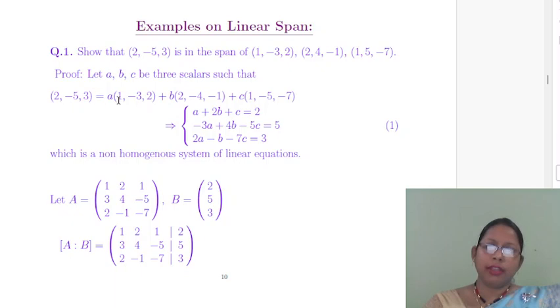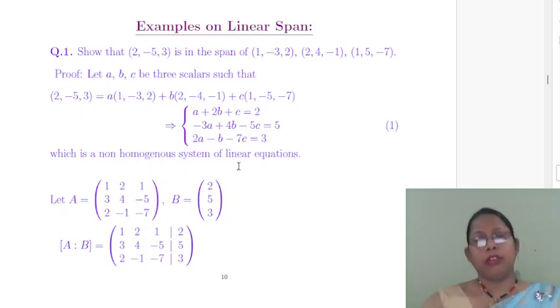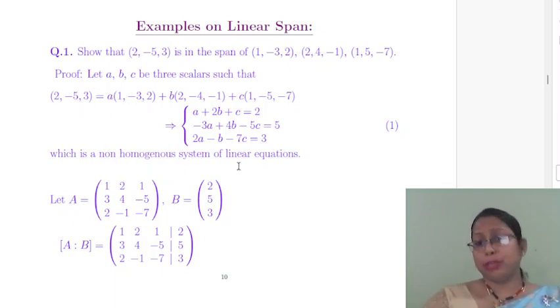Then add this pairwise, then equate left hand side and right hand side. You will get these equations. Here the right hand side is non-zero, so this system of equations is a non-homogeneous linear system. Next, solve this system of equations by using the method for non-homogeneous equations.